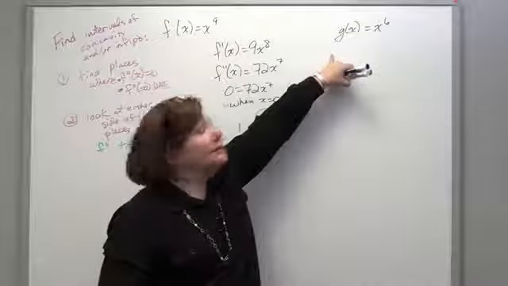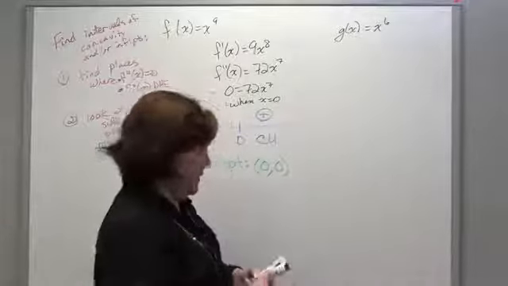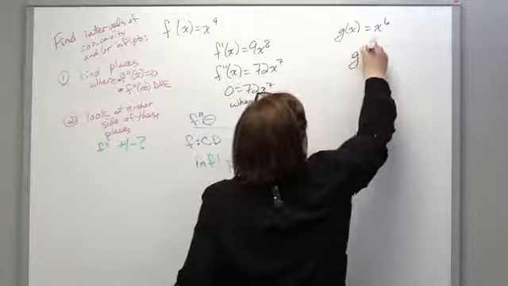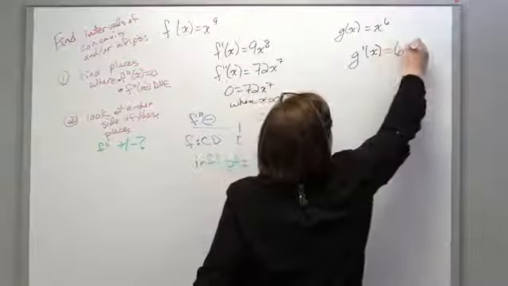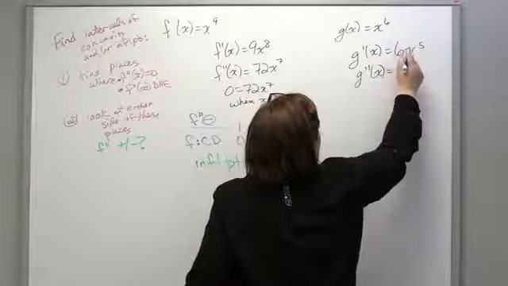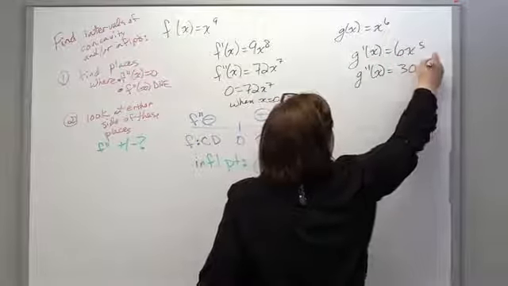For the next example, we're looking at x to the 6th. So we play a similar game, if you will. We look at the second derivative, and we get g double prime is 30x to the fourth.